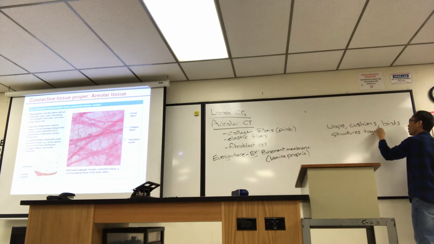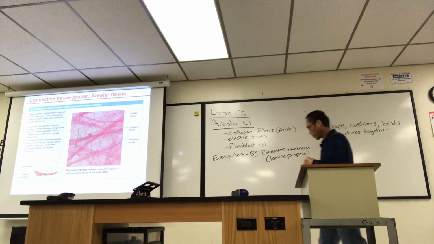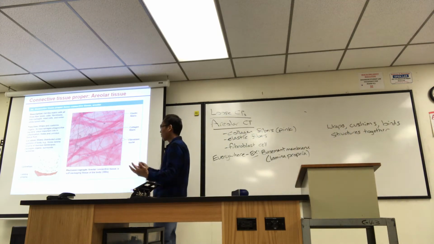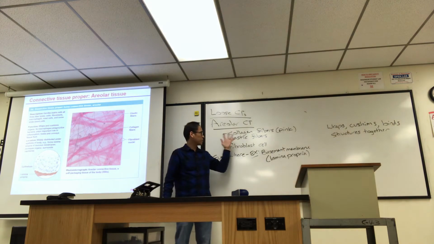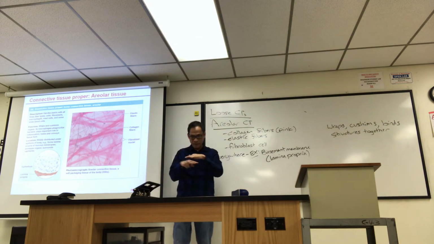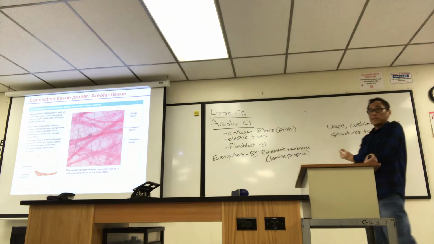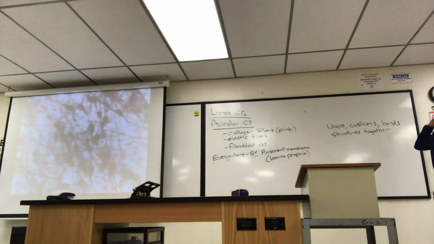That's pretty much what it's for. Usually when I dissect cadavers, it looks pretty, but I have to separate everything, and what holds it together are these connective tissues, especially areolar. So when I try to separate layers when I dissect, that's usually how I notice it. Everything's held together so nicely because of areolar tissue.